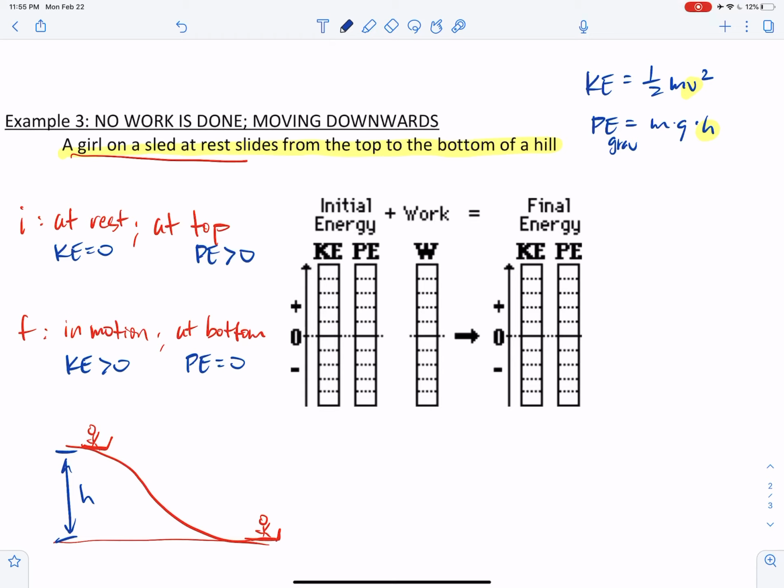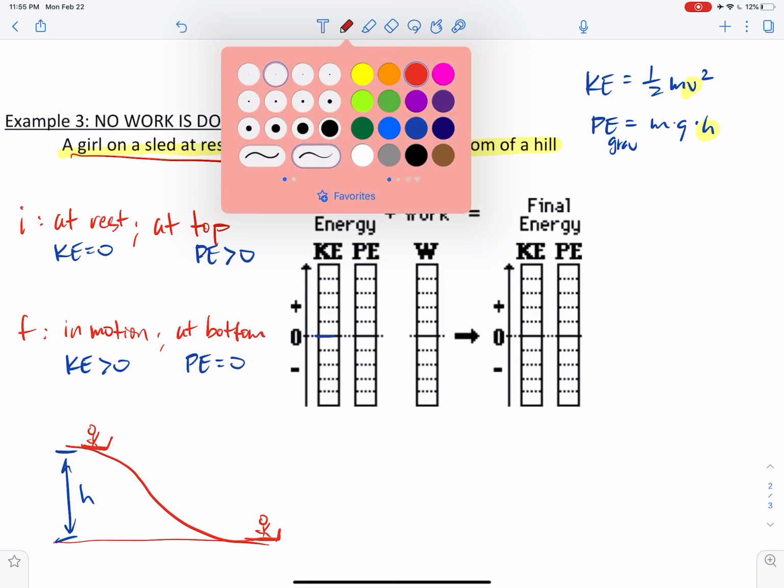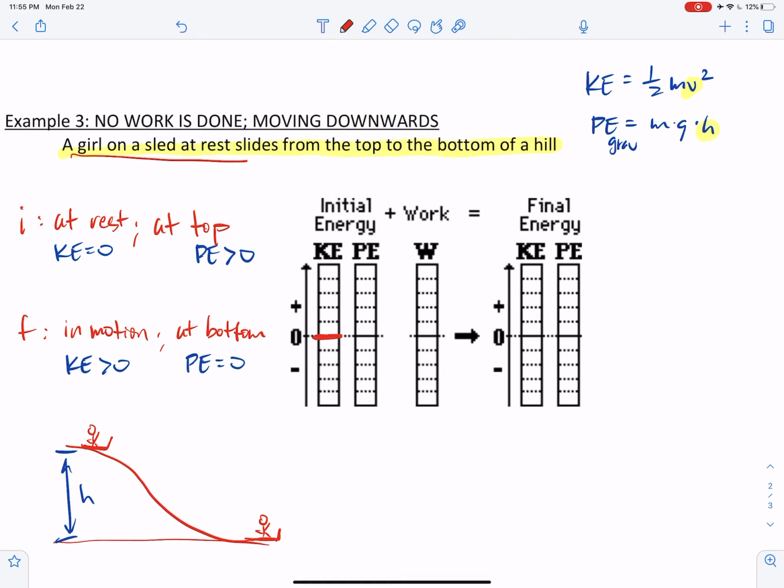All right, so initially her kinetic energy is 0, so I'm going to just throw a line there indicating 0, but she has some positive value of potential energy. I'm going to say 4 bars. Okay, it's arbitrary, just some positive value. And then her final state is that she has some positive value of kinetic energy. And I'm going to say maybe 2 bars, but her potential energy is 0.